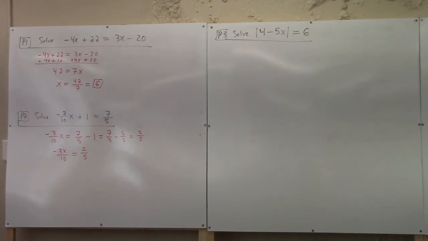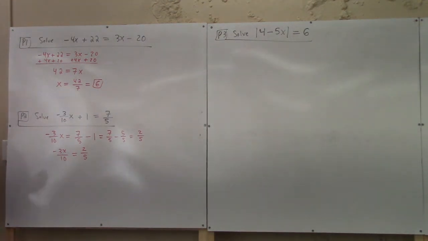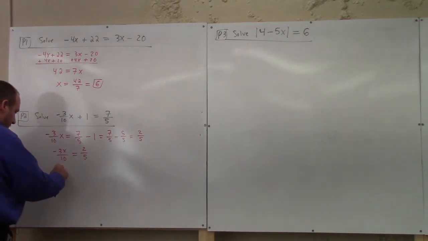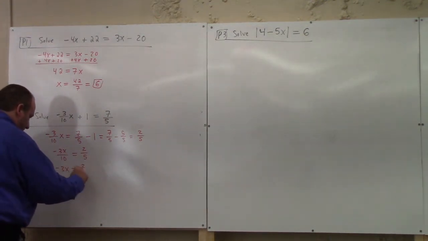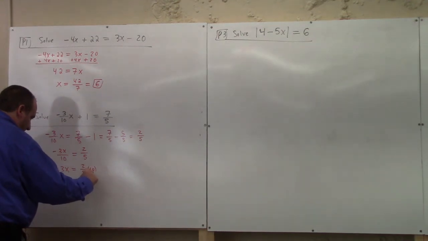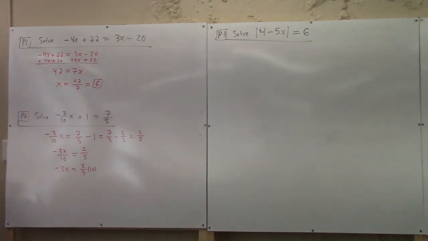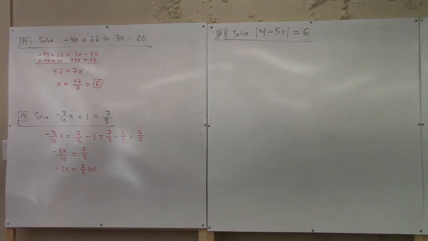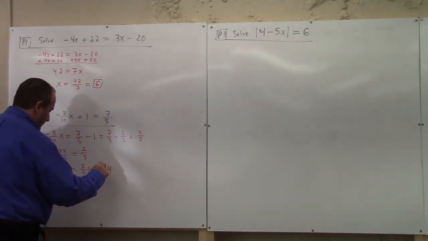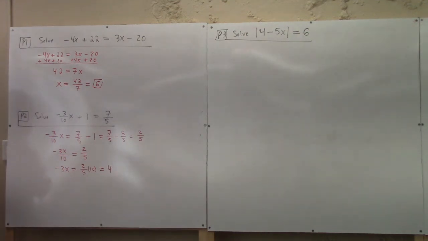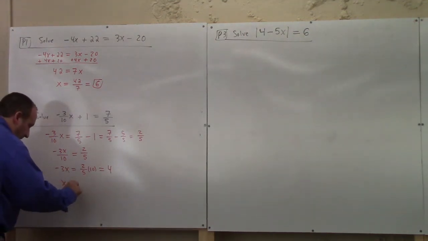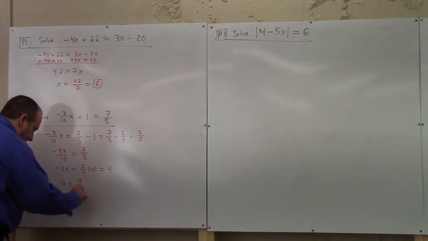We could cross multiply if you like, or we could just multiply both sides by 10. Minus 3x is equal to 2/5 times 10. 10 over 5 is 2, so that gives me 20 over 5, which is 4 on the right-hand side. So x equals 4 over minus 3.